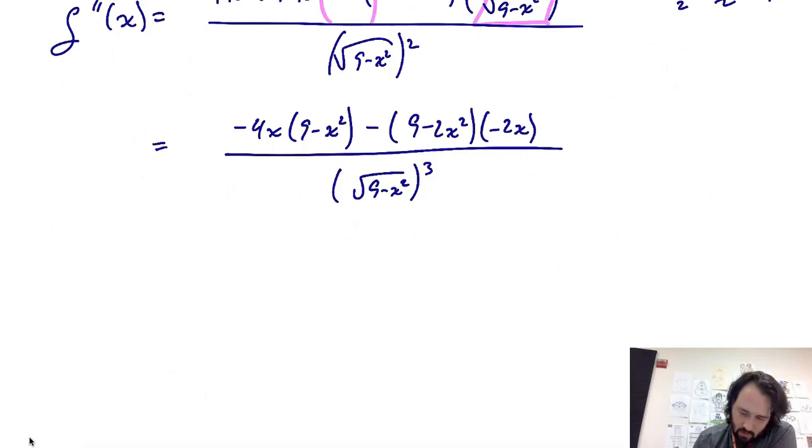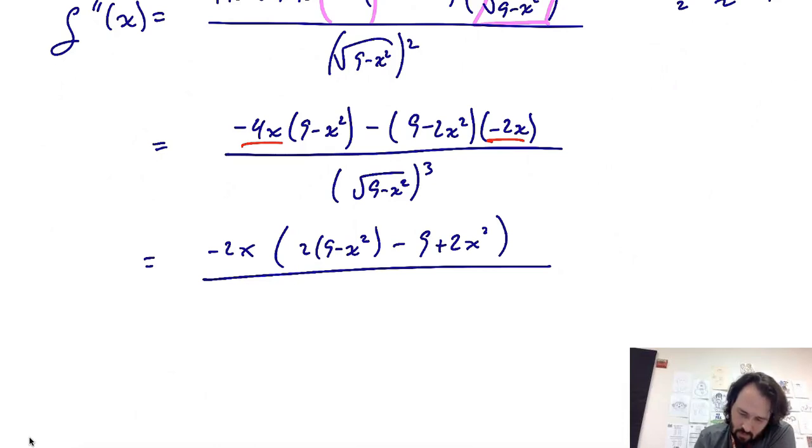So I'm going to go ahead and factor out a negative 2x because I see it here and I see it there. So negative 2x, and then this would be 2 times 9 minus x squared minus 9 plus 2x squared over this same junk.